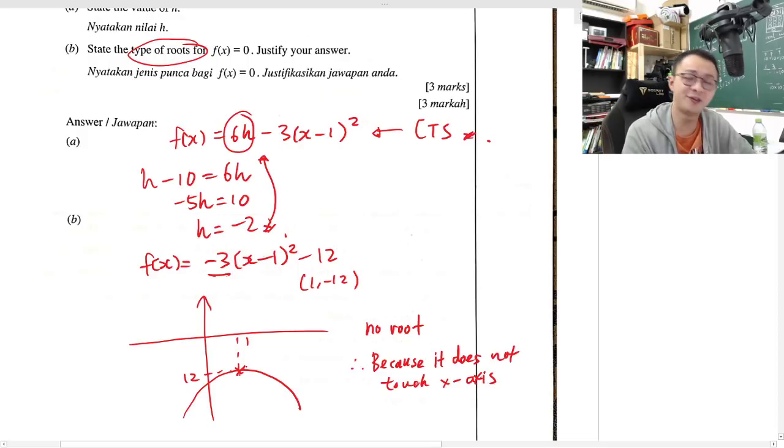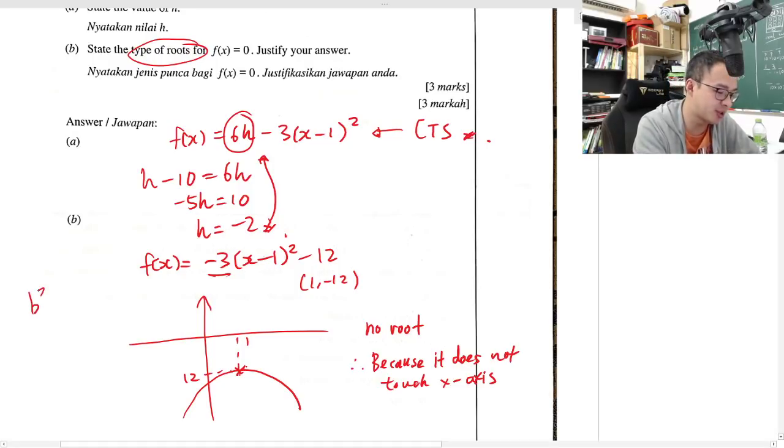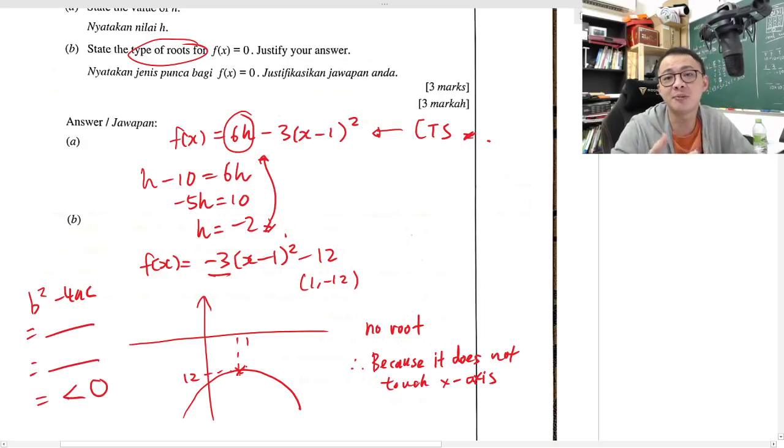Of course, if I want to justify this by using mathematical methods, I can do b squared minus 4ac. My answer must be less than 0 because this curve doesn't touch the x-axis.